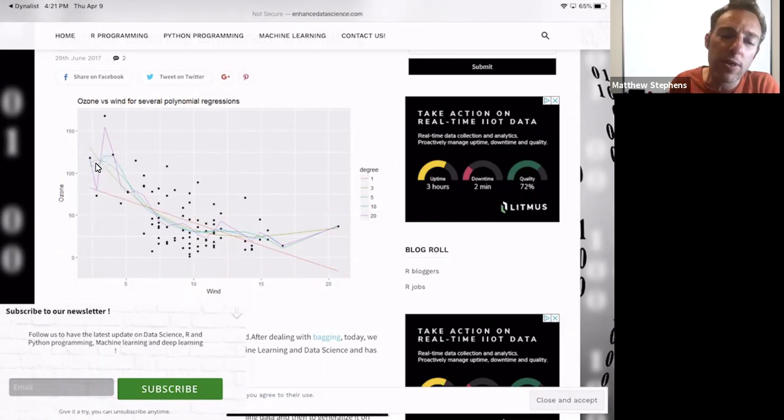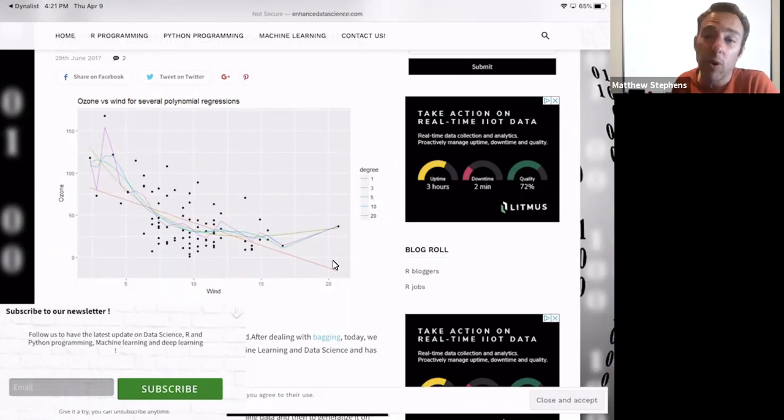In any case, what you can see here is that the magenta line would probably not perform as well in future predictions as, say, the greenish line, the degree 3, because it's fitting the noise and not the signal. Whether the degree 3 would do better than the simple linear rule is an interesting question.